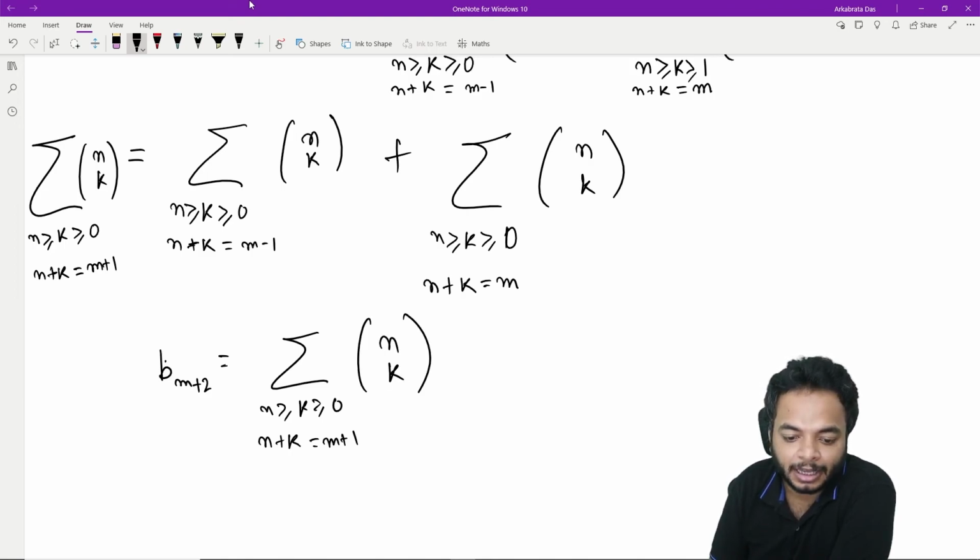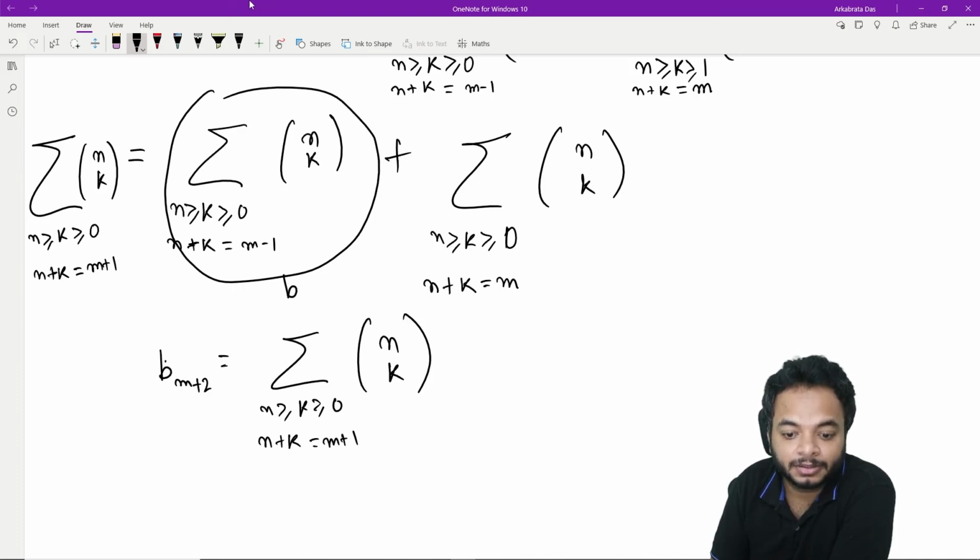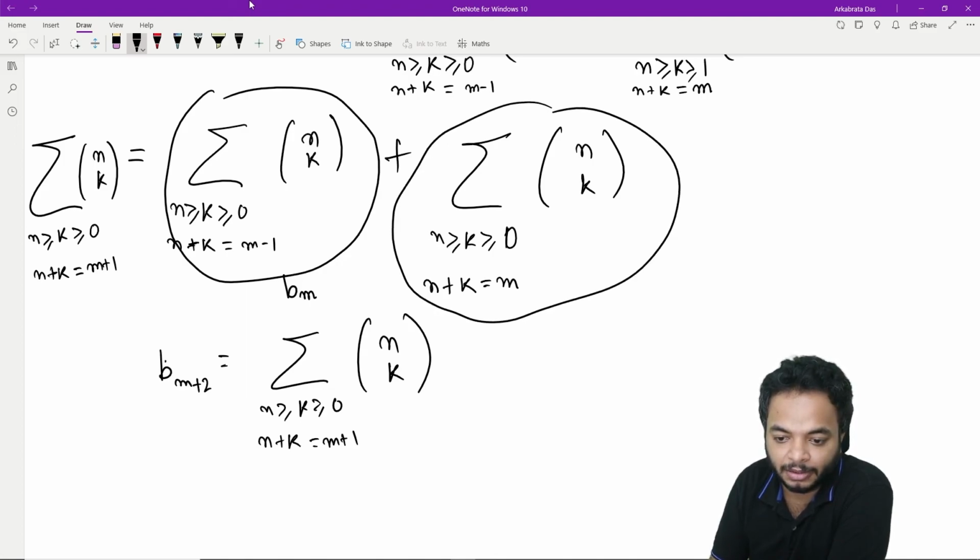Then this part, going till m minus 1, would have been b m, and this part, coming till n plus k is m, would have been b m plus 1, and so b m plus b m plus 1 is equal to b m plus 2, right?